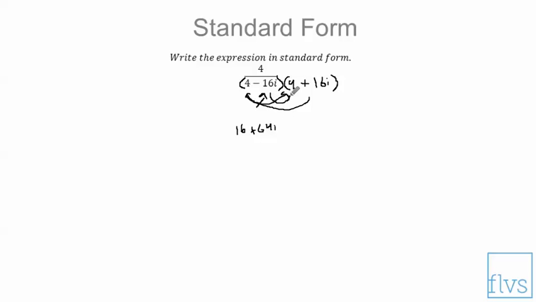Then negative 16i times 4, guess what? It's going to be negative 64i. And then last but not least, negative 16i times positive 16i would be 16 times 16, which is negative 256. And i times i is i squared. So we can simplify this a little further because these two in the middle are the same thing, 64 positive, minus 64.